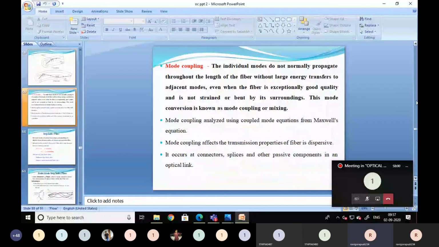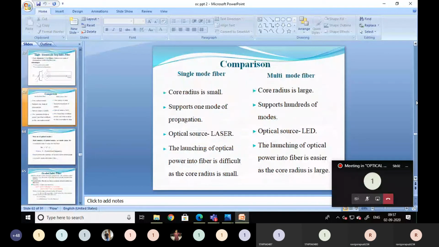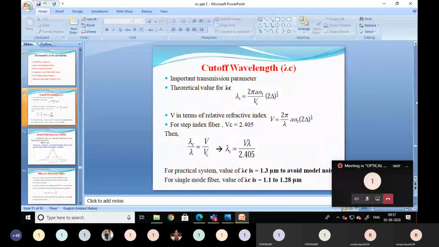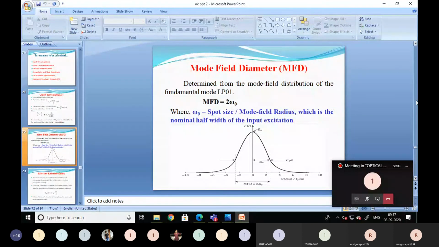Mode field diameter is determined from the mode field distribution of the fundamental mode.